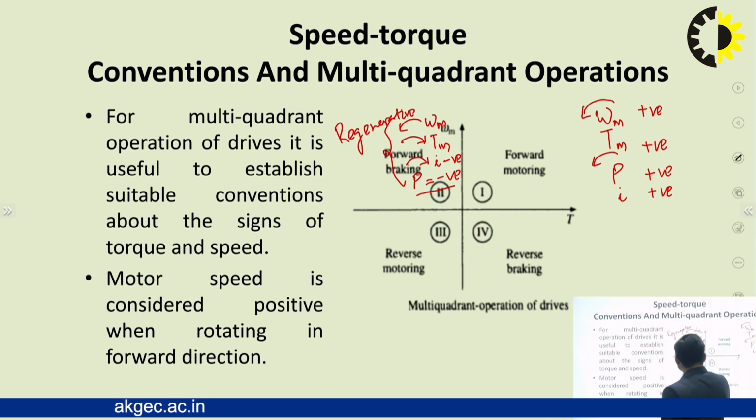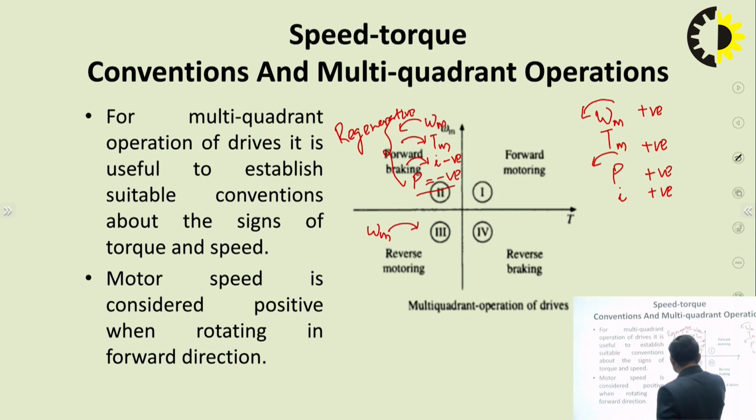So there, the direction of speed will change, omega m. The direction of motor torque is also reversed, and therefore speed is negative, torque is negative, and therefore power is positive.